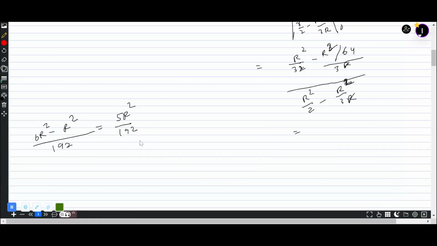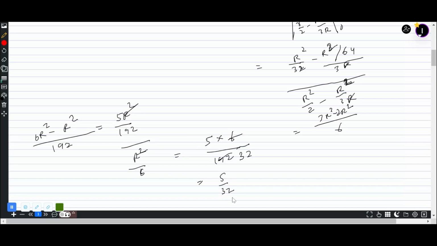And down you are going to have R square by 3 minus R square by 6, which is 2R square minus R square, so that will be R square over 6. So that's 5, R square gets adjusted with R square, 5 into 6 over 192. Right, now we'll divide. 6 times 3 is 18, 32. That is 5 over 32.